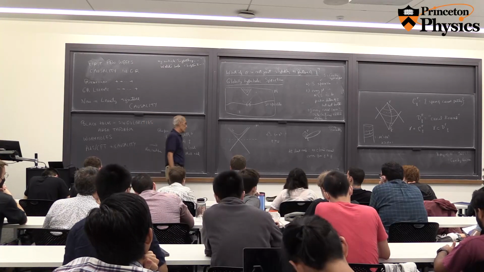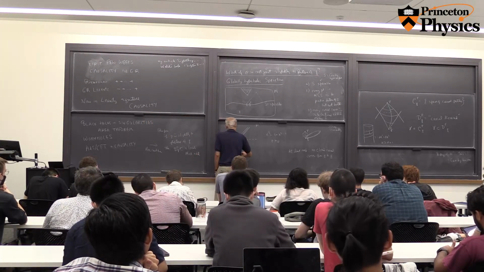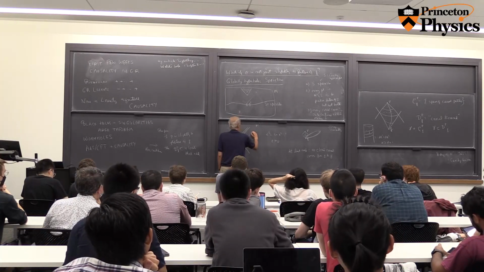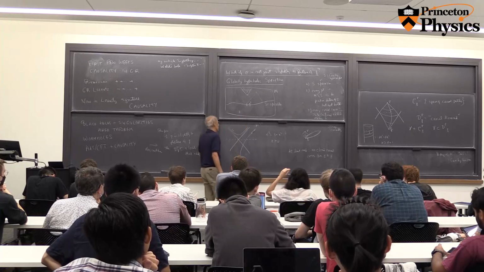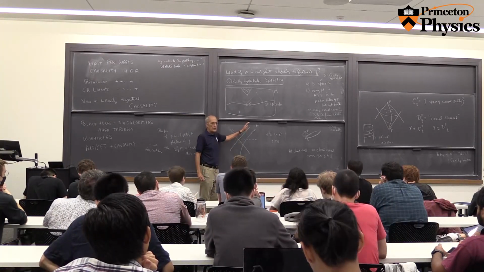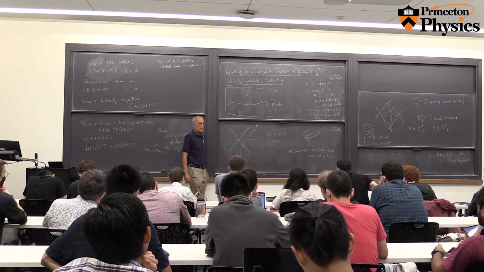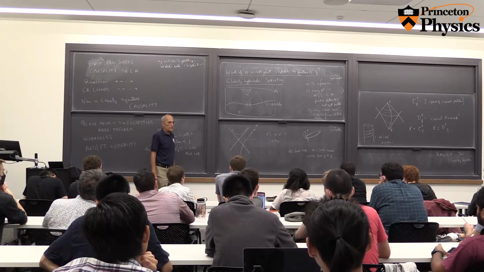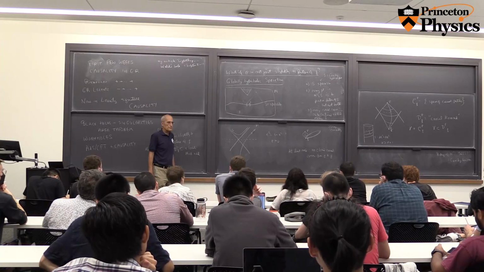It's not a Cauchy hypersurface because here's an example of a causal path that never reaches S. A causal path could be asymptotically parallel to this diagonal line, and it never reaches S. So such an S is not a Cauchy hypersurface.